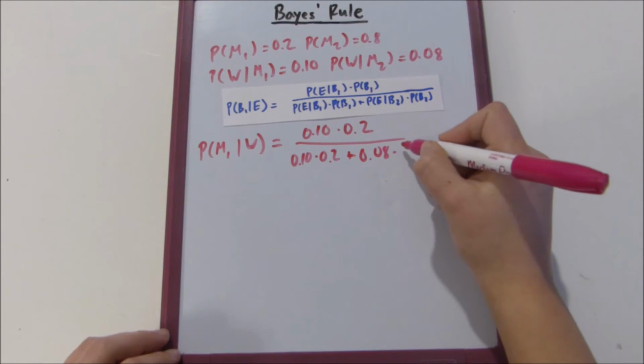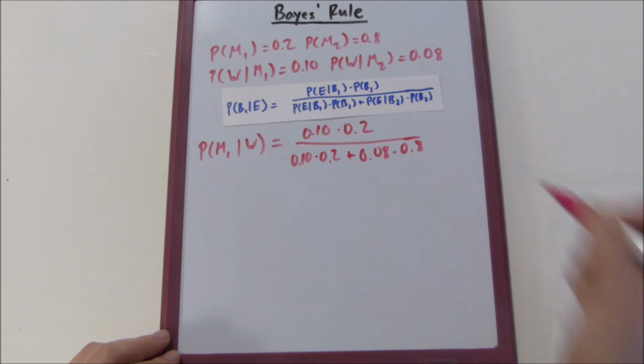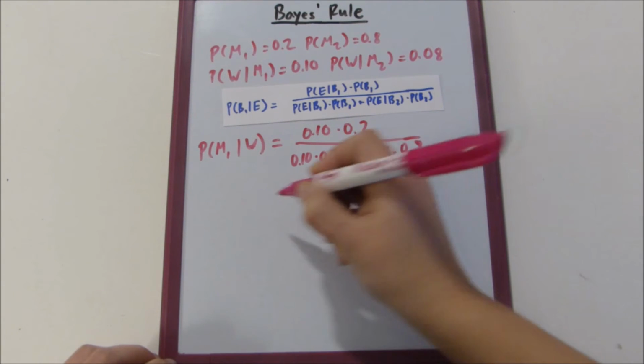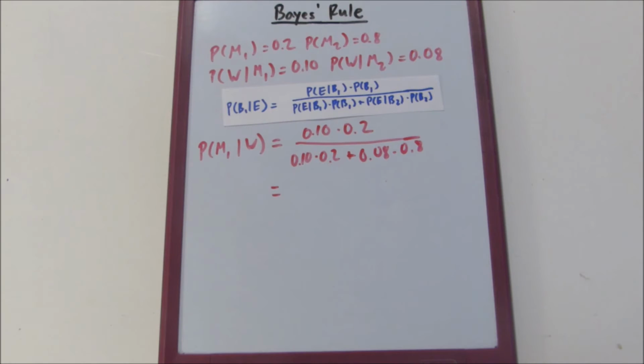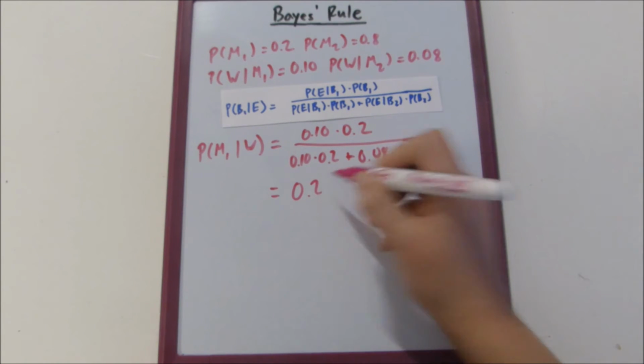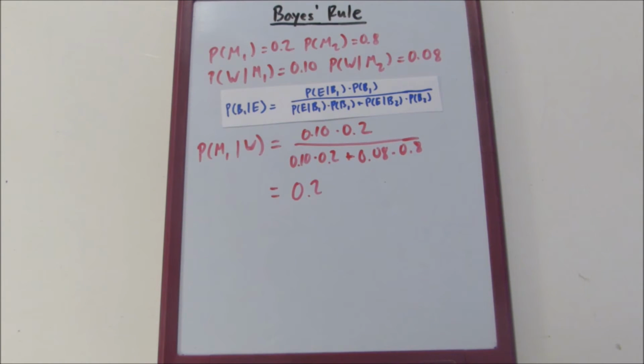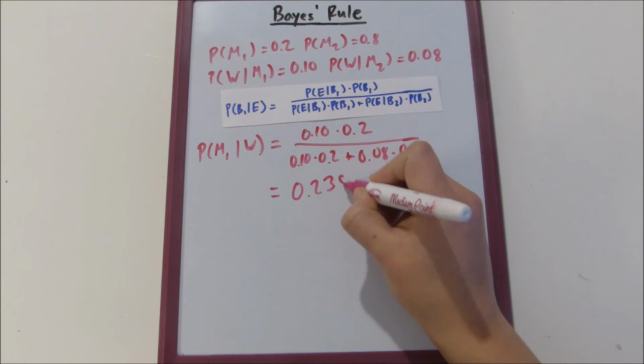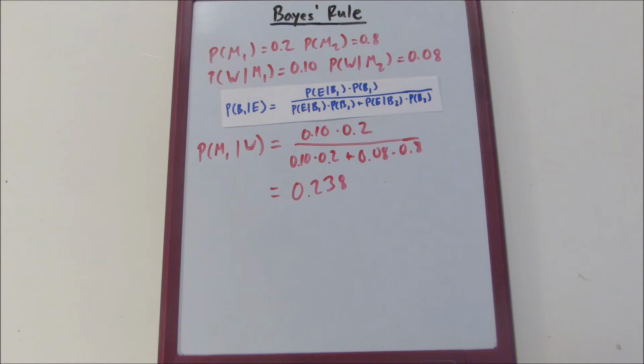She watches 80% of the time, right? So that is how we find the probability that the weatherman was the one that Martha watched when he got it wrong. So this ends up being 0.238.